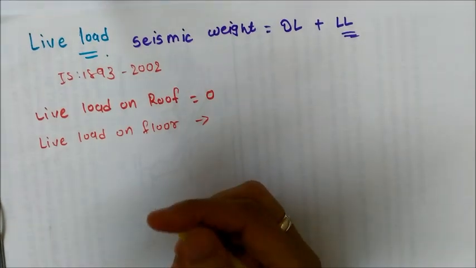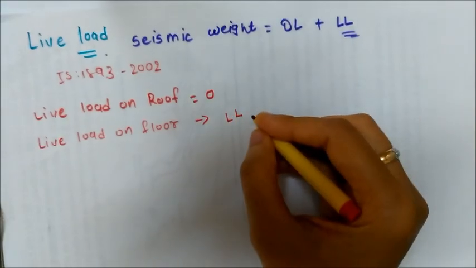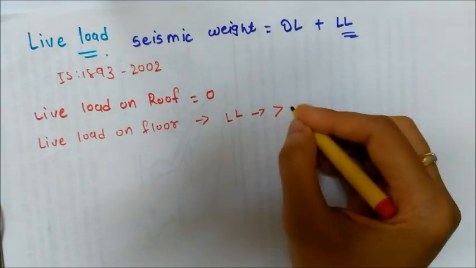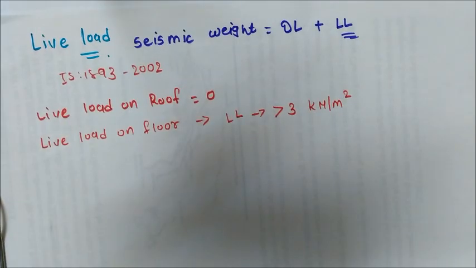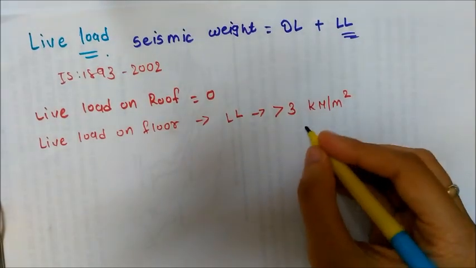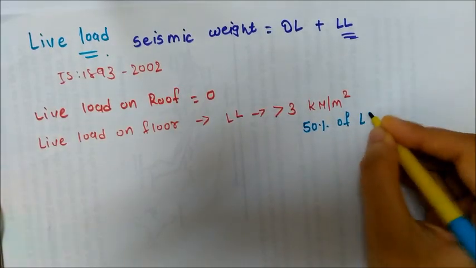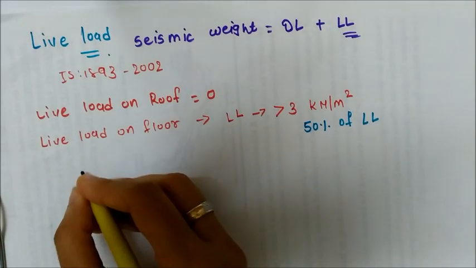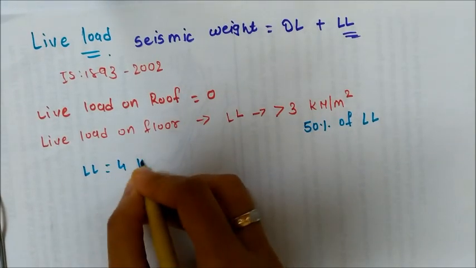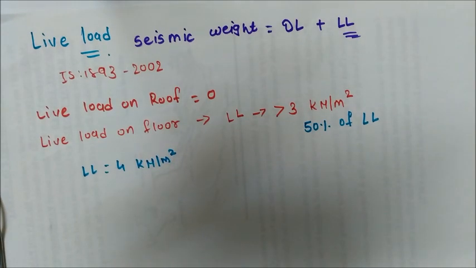In the clause it is given that when you consider more than 3 kilonewton per meter square live load, you have to consider only 50% of this total live load in calculation. As per this example, we have considered our live load as 4 kilonewton per meter square, so it falls in this category.